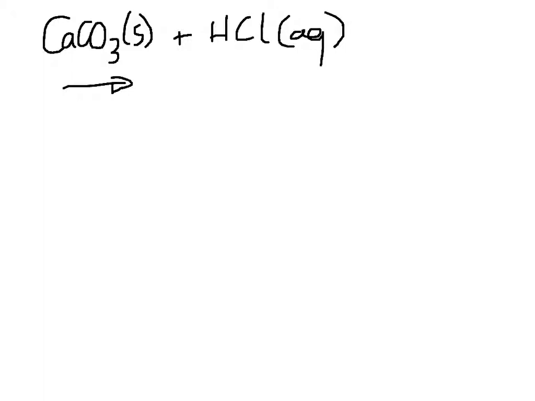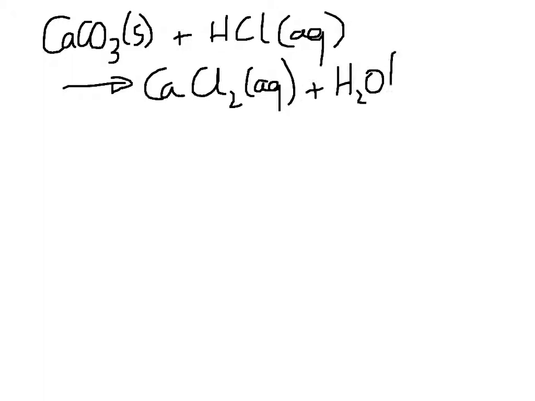So we get calcium chloride plus water and carbon dioxide. Okay, now let's balance this one off because we've got to do that before we go any further. We need a 2 up here. And I think that's all we need.